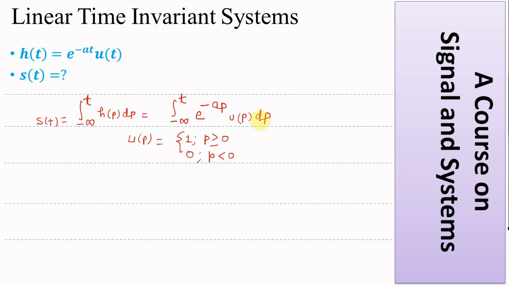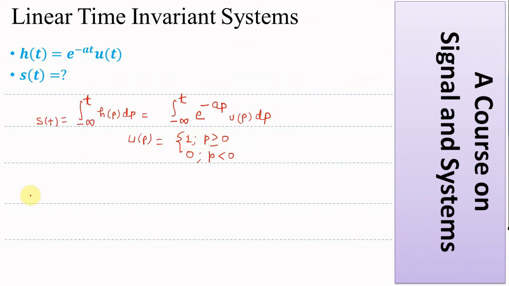So this is an integration with respect to p. So the values of p that are allowed are only the positive values of p, at which u(p) becomes 1. So I can replace u(p) by 1 for p starting at 0 and going up to infinity, but the integration is not going up to infinity, it is going up to t only.